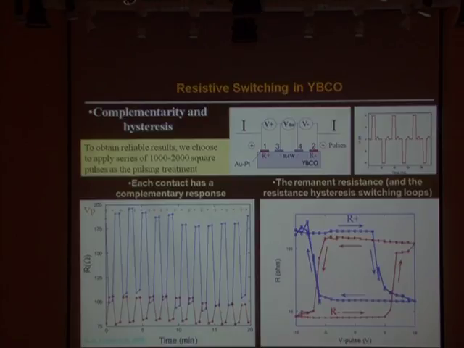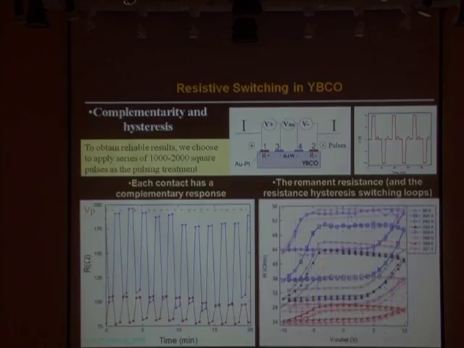It's not very interesting from a commercial or technological point of view, but with this type of protocol, we managed to obtain a clear switching from a high to a low resistance state for both contacts. We observe these typical resistance hysteresis switching loops, with one of the contacts in the high and then in the low state, and then the complementary behavior for the other contact.